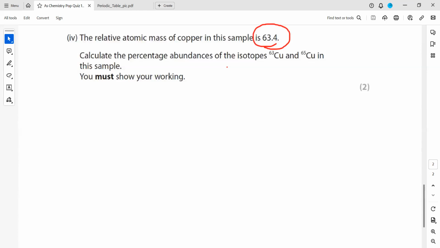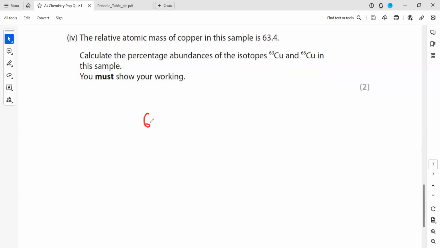The idea is that if the total percentage is 100, and the percentage of this isotope I take as x, then the percentage of the other isotope will be 100 minus x. Because if I say this is 20%, this will be 80%. If this is 30%, this will be 70%. So if one isotope is x, the other will be 100% minus x. That will give the percentage of the second isotope.